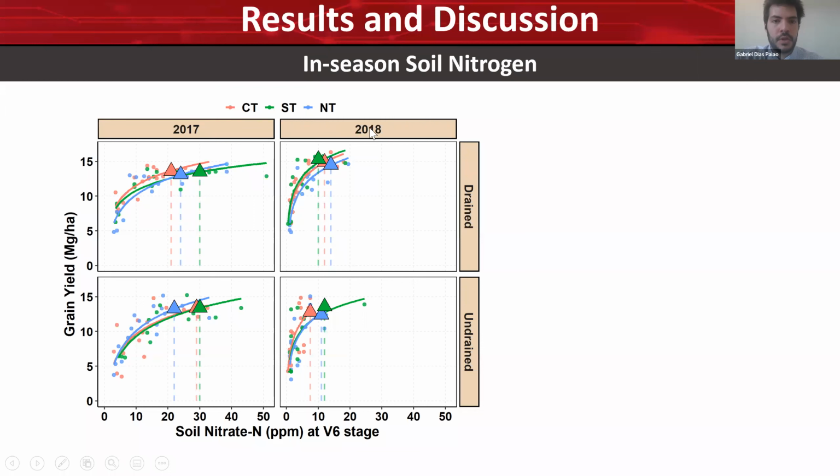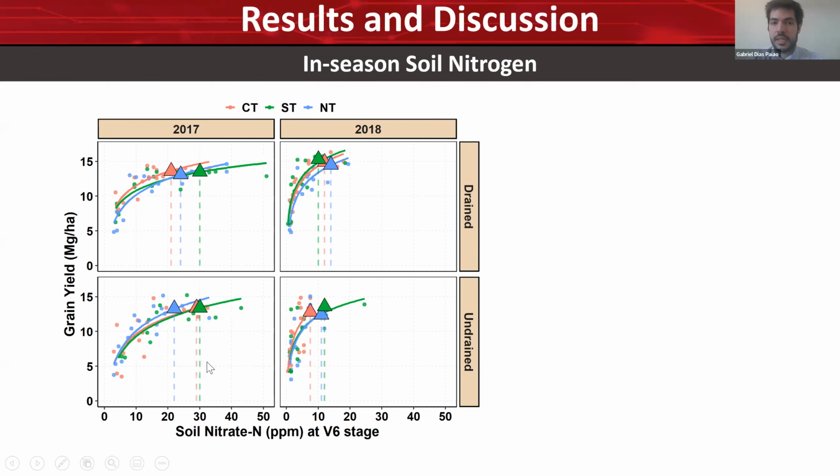So for example, in 2018, the grain yield at UNR was close to 15 megagrams per hectare, and close to 10 parts per million of nitrogen were required to produce that grain yield at UNR. Whereas when we look at 2017, the grain yield at UNR was much lower, close to 13.5, but we needed 20 to 30 parts per million to optimize that production.